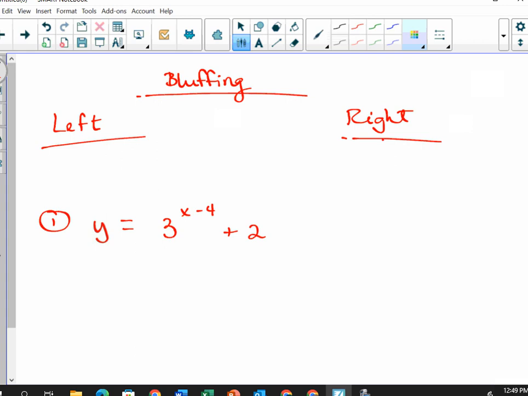Let's see, and carry on. We have graphs, logs, and exponentials.